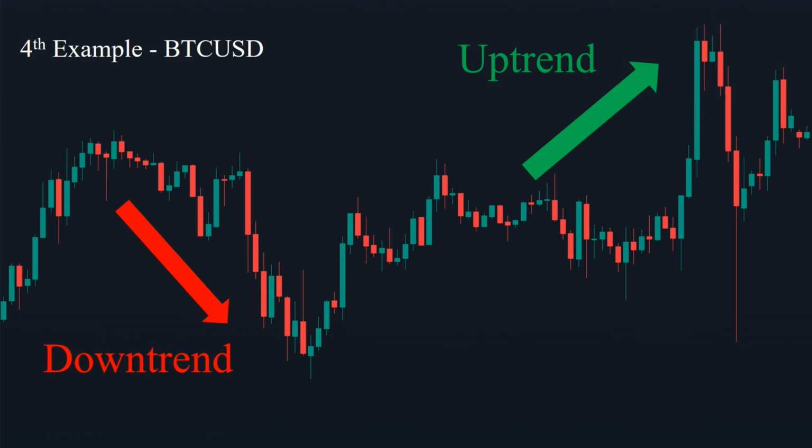For example, if it is a downtrend, try to look for lower highs and lower lows, and if it is an uptrend, try to look for higher highs and higher lows. And if it consists of several downtrends and uptrends, it is a sideways trend.